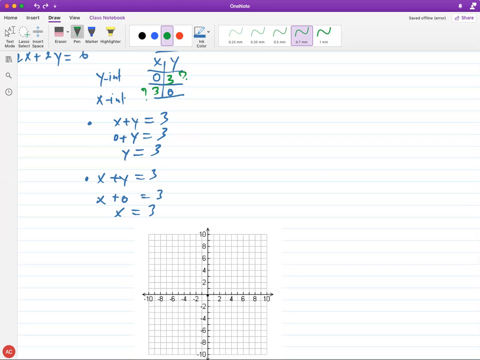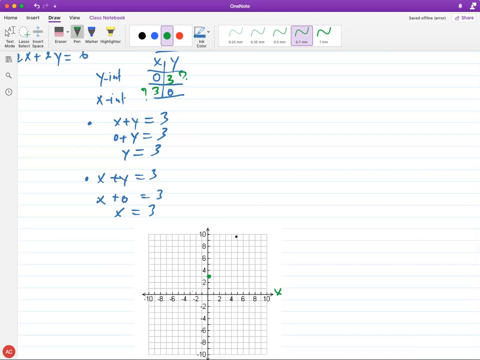So start from 0, 1, 2, and this is 3. That's this point. Then we go to the second one. This time we're going to start from 3. So x is 3. Then the y is 0. So x = 3 will be here.